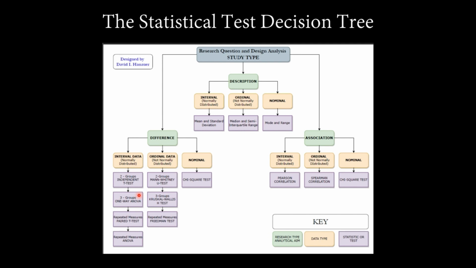However, the one-way ANOVA has a requirement that we have interval and normally distributed data. If, however, we have a three or more group design, we're using interval data, and when we do the Shapiro-Wilks test, we find out that it's not normally distributed, we can then jump down to ordinal data and use the Kruskal Wallis H test.